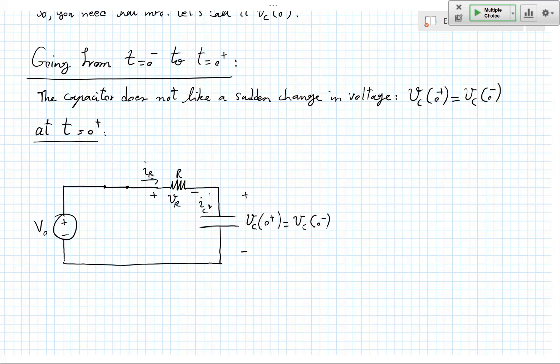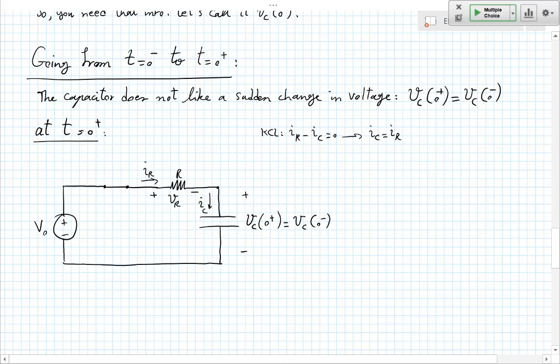We happen to be interested in it at one particular moment in time, t equals 0 plus. Again, KVL, KCL, everything is fully applicable. So KCL tells you, for instance, that IR minus IC equals 0, or IC is just IR. Nothing new, trivial. We saw it before too.